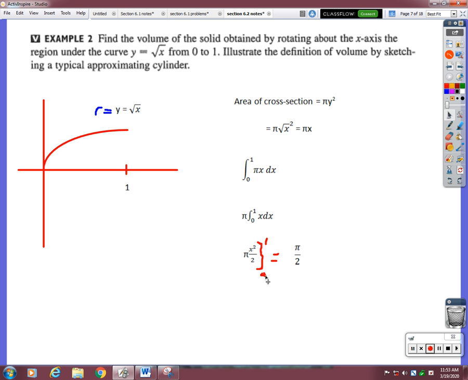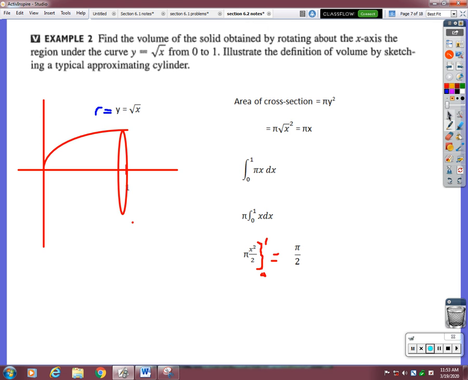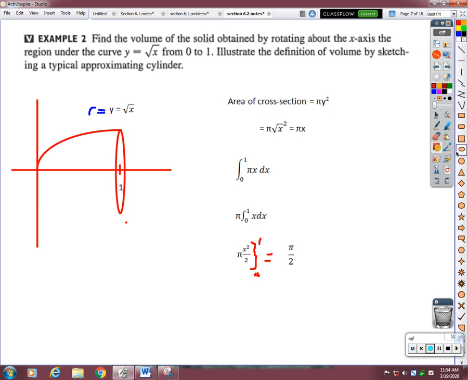If I plug in 0, I get 0, and so the area of this cross-section, let's see if I could show that a little bit. The area of this cross-section, ooh yeah, that's fun. I should have used that tool before. If I were to rotate that around this curve, I would end up having a volume of just pi over 2.